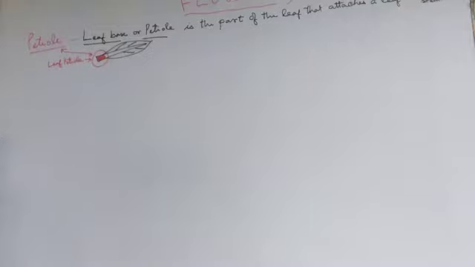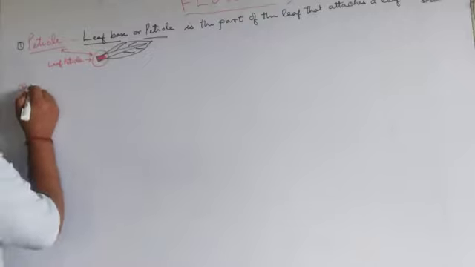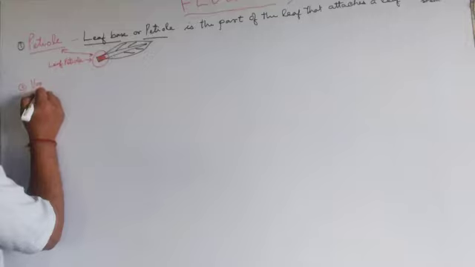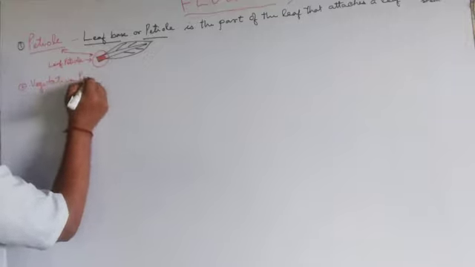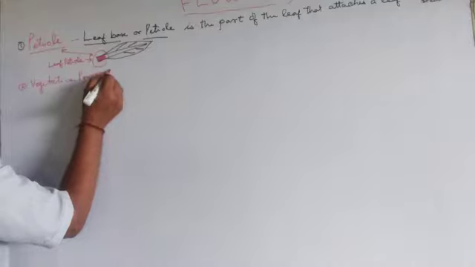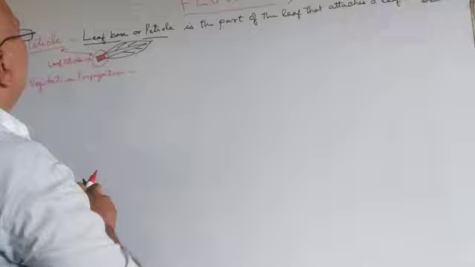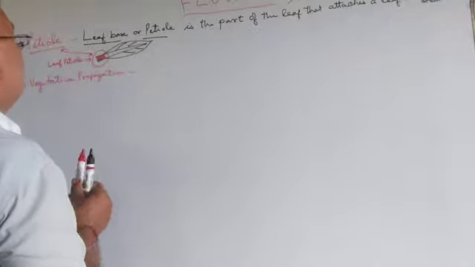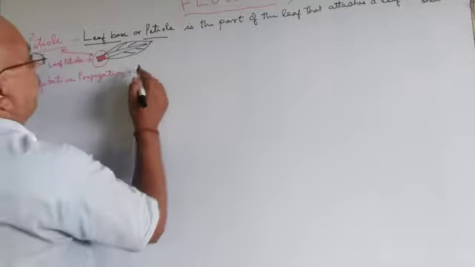Second term that you have to write is vegetative propagation. The second one that you have to write is vegetative propagation. You must know the meaning of this term vegetative, related to vegetative parts.